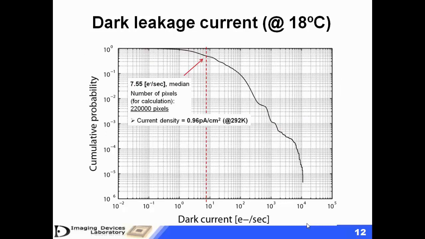The level is 7.55 electrons per second. This is the median value, and it corresponds to a current density of 0.96 picoamperes per square centimeter. This is quite a good result for the sensor.